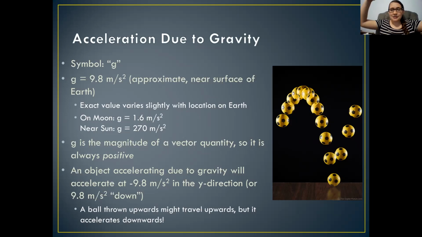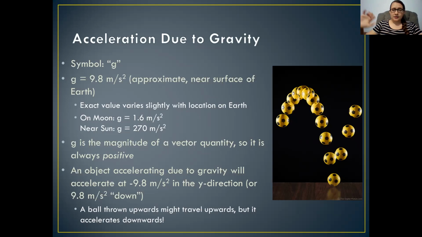Higher up on mountains, you'll get a different value than you do really close to sea level. Also, the Earth isn't a perfect sphere. It's sort of squished because of its rotation. So you're not always at the same distance from the center of the Earth. All of these things make a slight difference for your acceleration due to gravity. But we'll just give it the approximate value of 9.8.